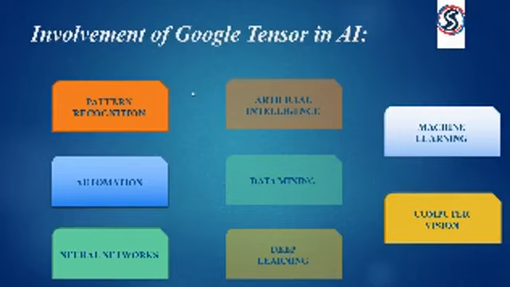Every few years, machine learning completely changes the way we use technology, right? So that's why Google has made the Tensor. It is a chip that delivers totally new capabilities for Pixel users by keeping pace with the latest advancements in machine learning.